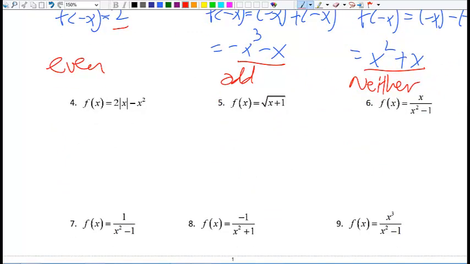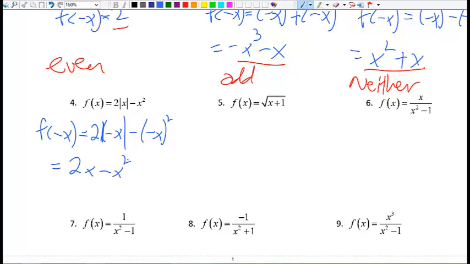Okay, next set, number 4. We got 2 absolute value of negative x minus negative x squared. Well, 2 times the absolute value of negative x, that's just 2 absolute value x. And then the minus, because you square the negative x, you still get x squared out of that.